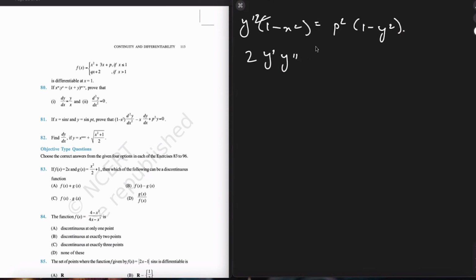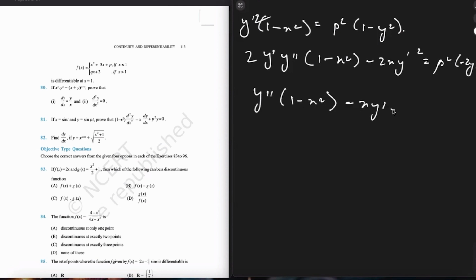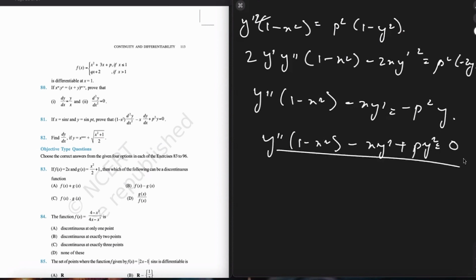Okay. y double dash (1 minus x square) minus 2x y dash whole square is equal to p square minus 2y y dash. So y double dash (1 minus x square) minus x y dash is equal to minus p square y, and y double dash (1 minus x square) minus x y dash plus p square y equal to 0, to prove.